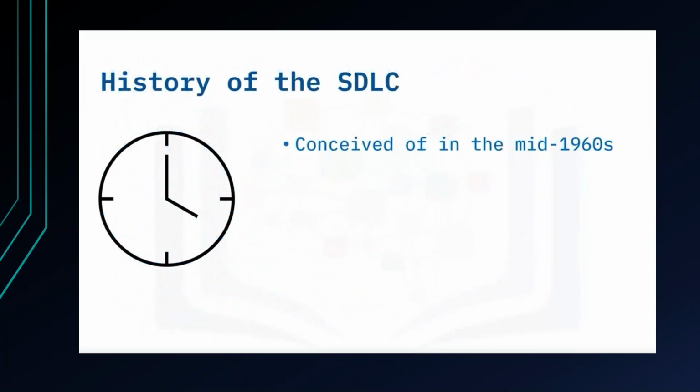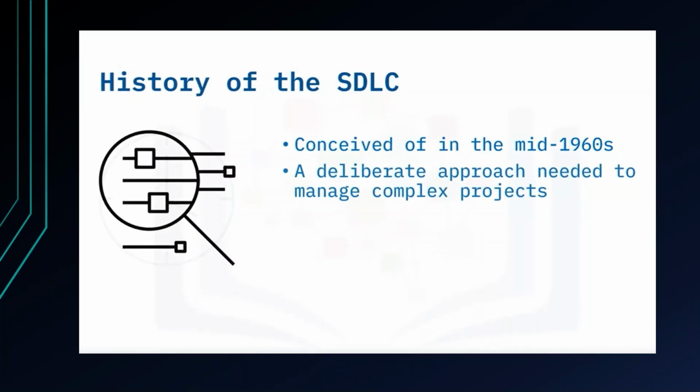The software development lifecycle began to take shape in the mid-1960s as software development began to necessitate a more detailed approach because of its growing complexity. The SDLC led to a more deliberate approach as large corporations needed to manage complex business systems requiring heavy computational resources.